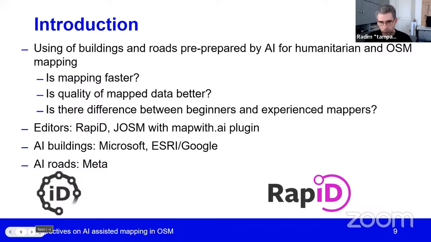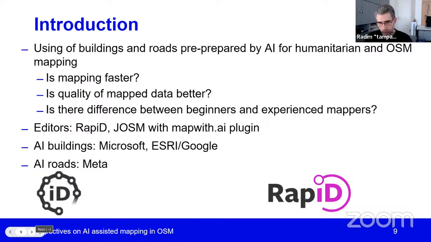As you probably know, Rapid Editor exists, which is very similar to the popular iD Editor and allows mapping with AI features. The popular JOSM editor also has a plugin called Map with AI.